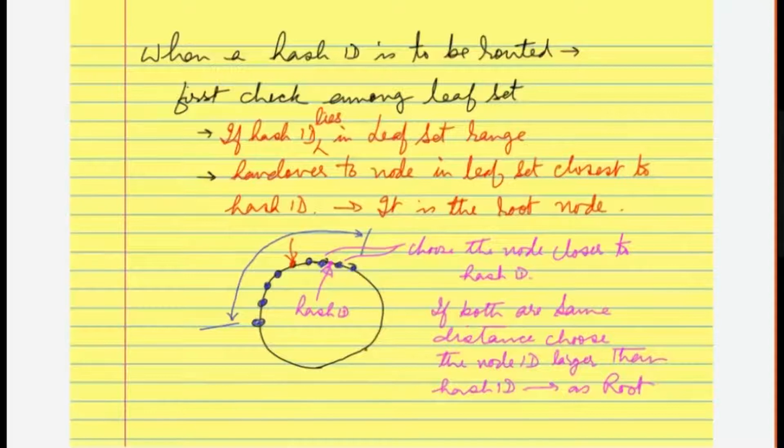So if there are n nodes, halfway across is n by 2, and if they are uniformly distributed, roughly n by 8 hops will be required to reach your root node in the worst case. That is not desirable when n is very large. You would like to go in log n steps instead of some constant times n.